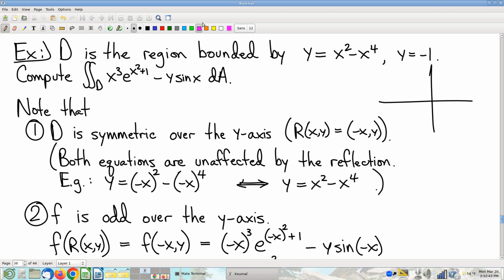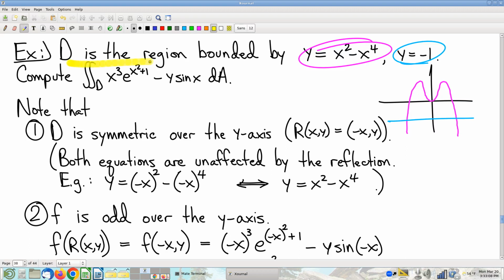This curve right here is something kinda sorta like that. This, y equals -1, of course, is something like that. So the region that we're actually interested in here, the region bounded by those, is this region like this. And over that domain, we want to compute this horrifying integral.